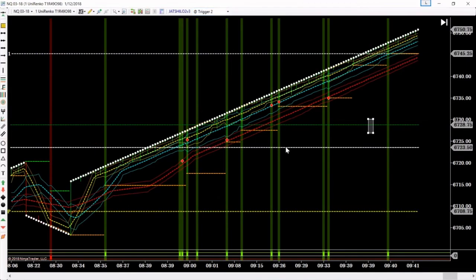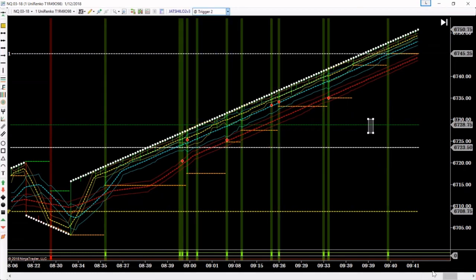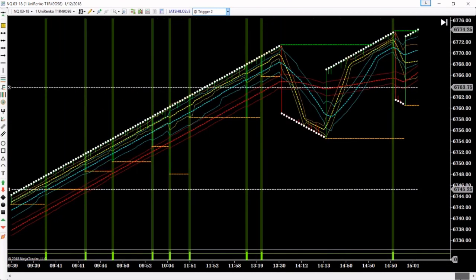I mean, I like this so much. If you want to put a 30-minute chart up or a 15-minute chart beside it or a 5-minute chart or a 1-minute chart, whatever, so that you can see what the bar action is doing. I'm pretty happy with this template, and I hope you will be too, like I am.